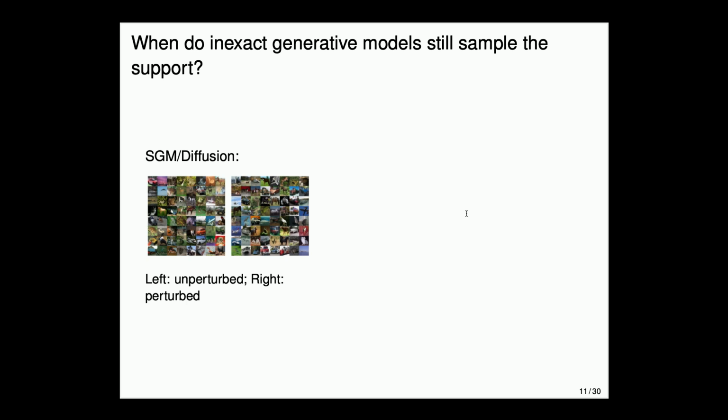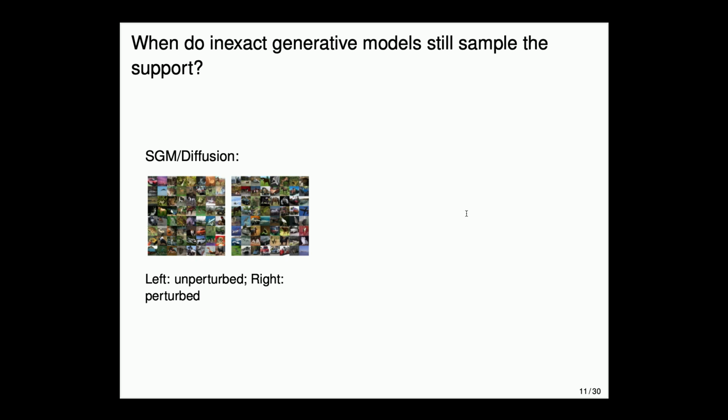Before I tell you about that, let us again look at this diffusion model. I am so sorry that you cannot see all these pictures, but these are CIFAR 10 images on the left, and on the right are CIFAR 10 images generated by a diffusion model that is pre-trained on CIFAR 10 images. But now in the generating process, I have added order 1 errors.